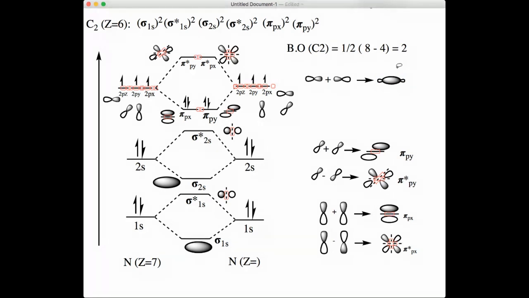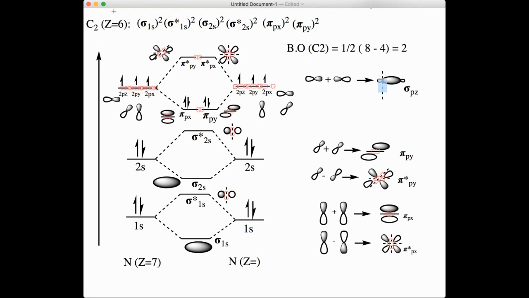Now, guys, how many nodal planes do we have in this sigma molecular orbital? So remember, this is a sigma pz, okay? How many nodal planes do we find there? Several answers. Guys, a nodal plane is an area with zero electron density, any area with a sign of the wave function change.